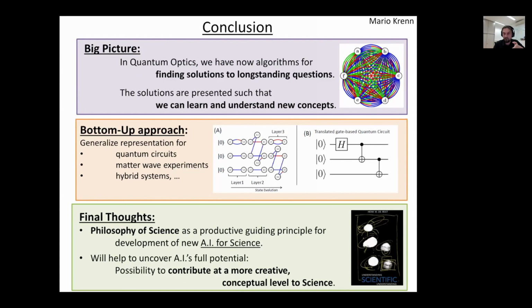Philosophers, I'm sure, have very interesting things to say about this. And if we take this seriously, if we try to see how to apply it, I think we can actually go to some next level of AI algorithms, those that can contribute much more creatively at the conceptual level to science. I would find this very exciting.